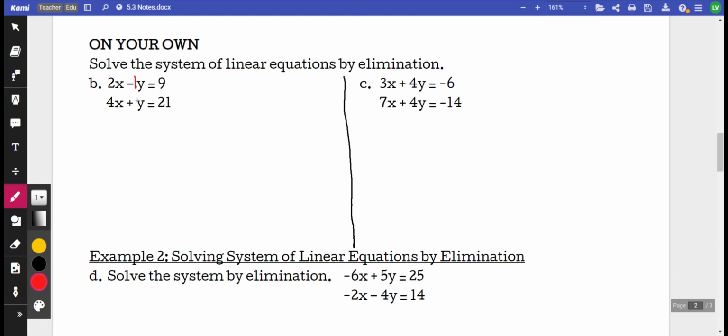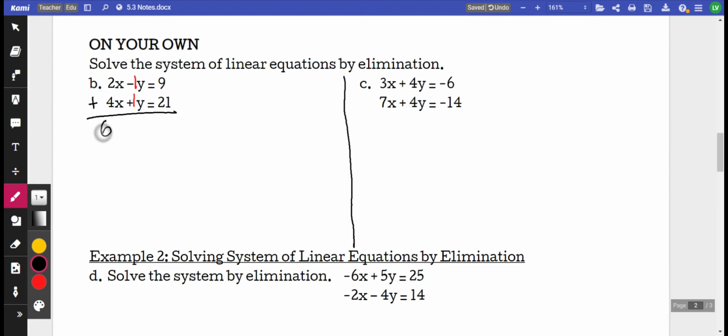If you don't see that, you can put imaginary ones in front of both of them because there's technically one y. Because of that, we don't have to multiply by anything. So let's add our equations.